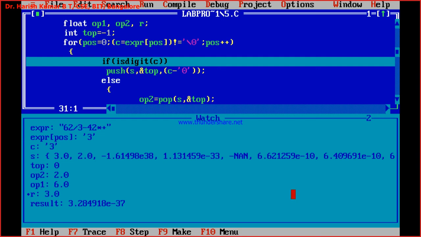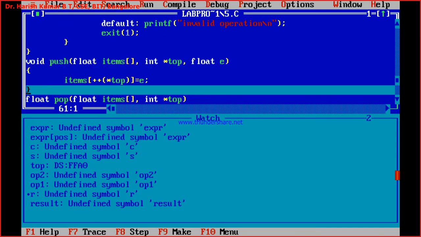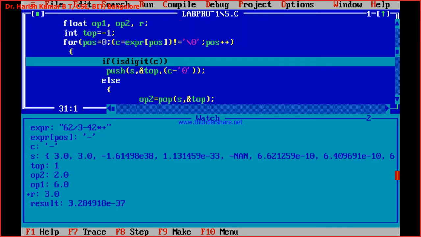Okay, next you are scanning the next symbol 3 and you are checking whether it is a digit. Yes, 3 is a digit. Now it is 51 minus 48, that is 3. So 3.0 gets pushed onto the stack. See, there is one more 3.0 pushed onto the stack.